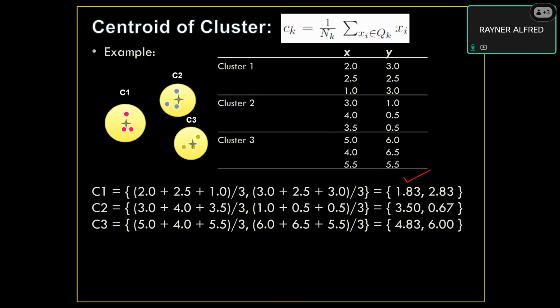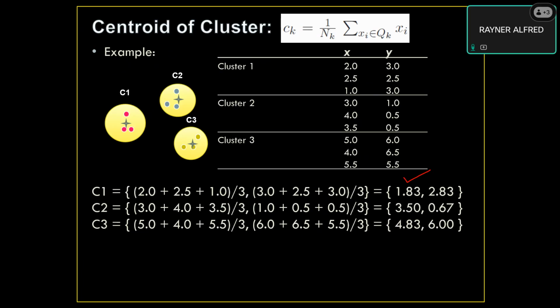Each cluster has three members, and each member has X and Y. X and Y are just the features that they have. You may have a different number of features here. You could have 10 or 100 features representing each member in your cluster. But to make it easier to understand, we just have X and Y.